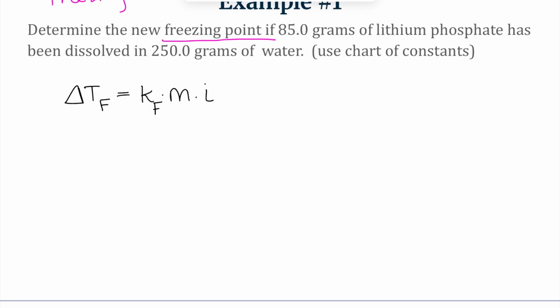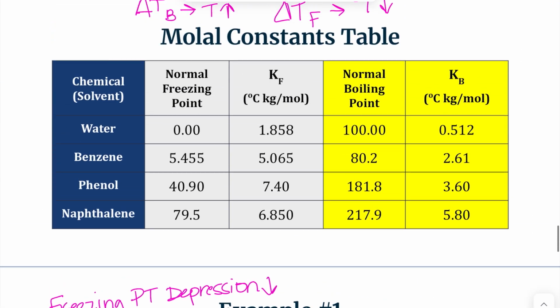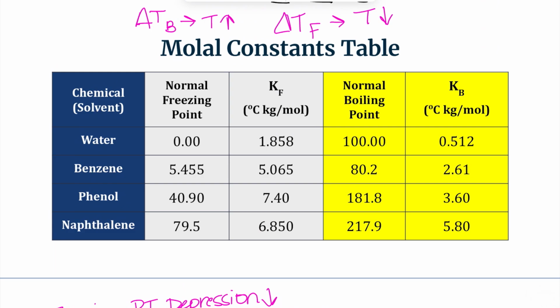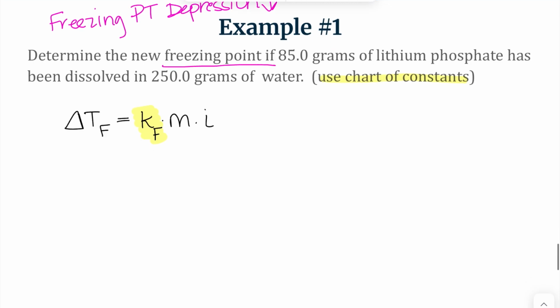So where do we get this information? Well, my KF is coming from my chart of constants, but I need to know for that K value, that is for our solvent, so what is doing the dissolving? And so we are looking at here, my lithium phosphate has been dissolved in water. So that means that water is my solvent, my lithium phosphate is my solute.